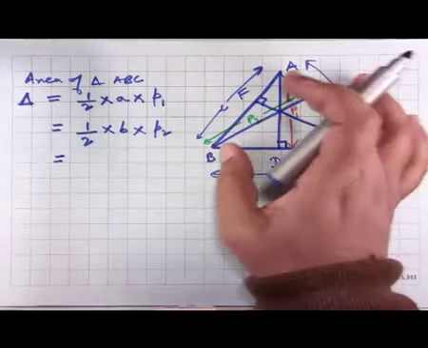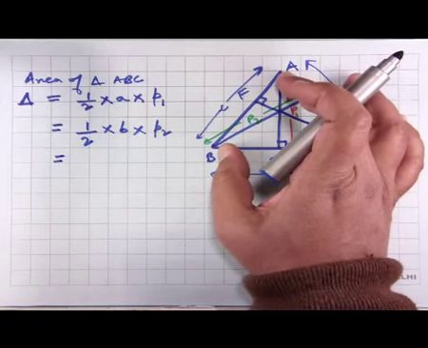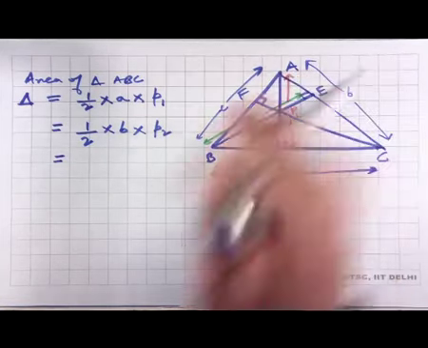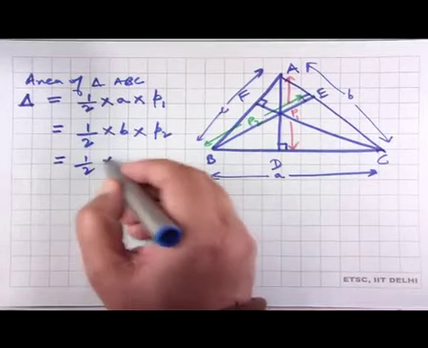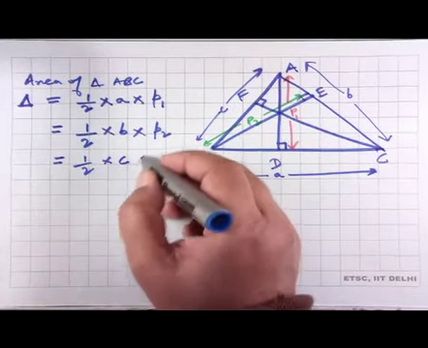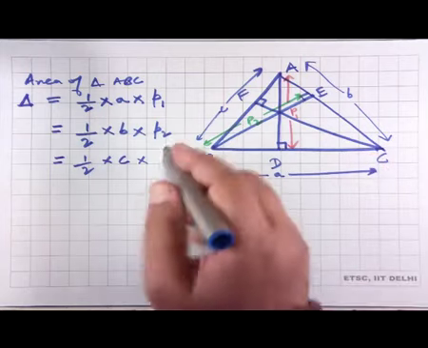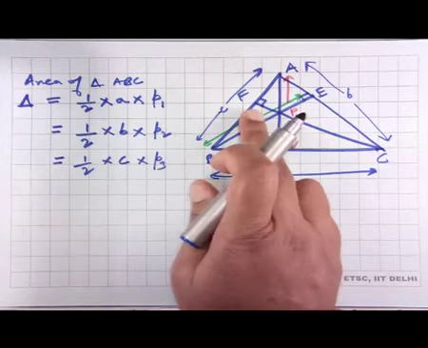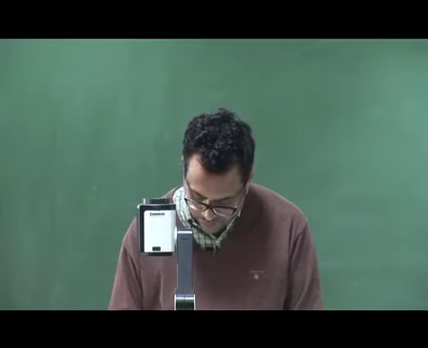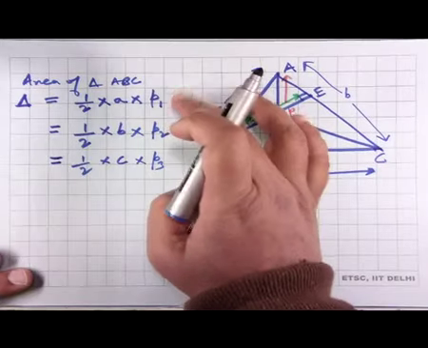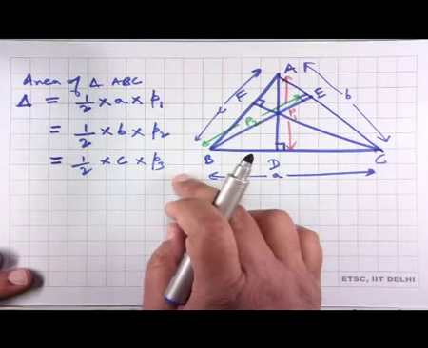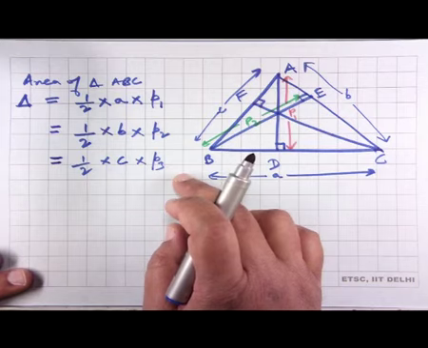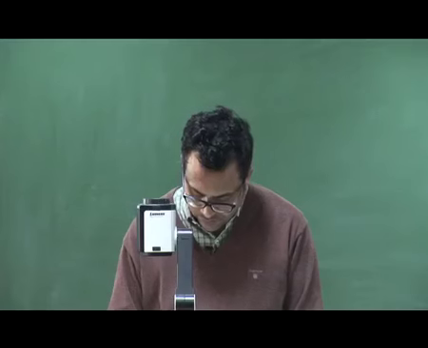And similarly, if we take this side AB as the base, then the area will be half into base, which is C, into height, which is P3. This length is P3. So, these 3 are all equal, and they are equal to the area of the triangle ABC.